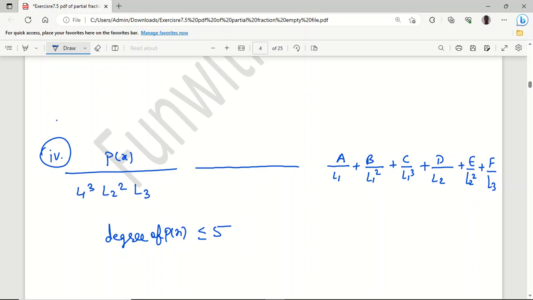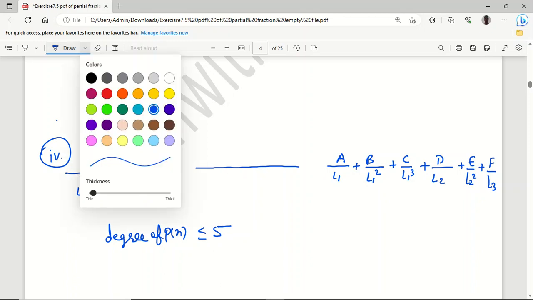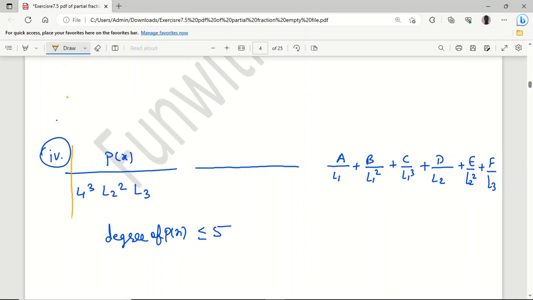I don't need exactly 5, but if it is 5 here, I need 5 here too, because I am breaking this rational expression into this type of partial fraction. So obviously they will have to be equal. That is why I am writing in such a form. I have explained it earlier also. So it is the fourth type.